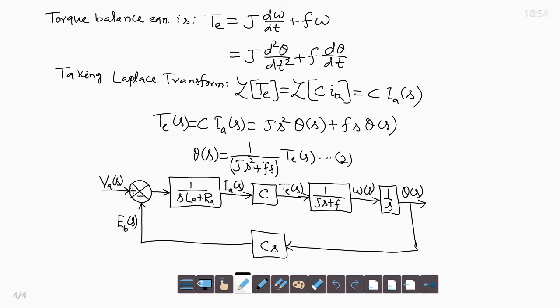So, using this we can obtain the transfer function theta S by VAS or the speed transform omega S by VAS. Yes, that you can easily obtain using the block diagram reduction technique.